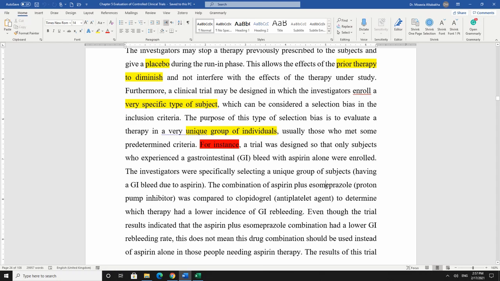Will this be beneficial? Or should they switch to clopidogrel? Because these drugs are blood thinners, they can also cause bleeding, but aspirin can cause bleeding because of a direct effect on the stomach.